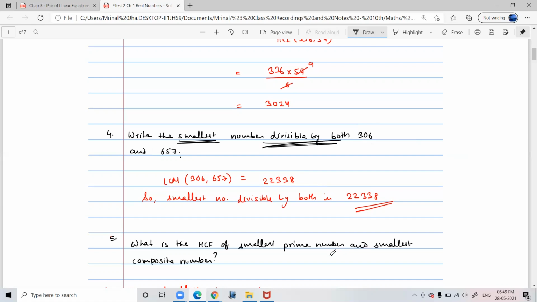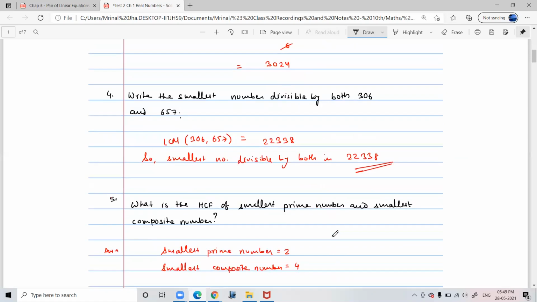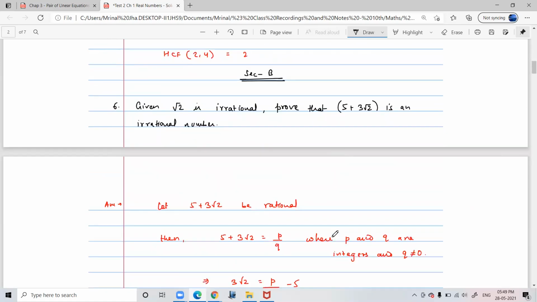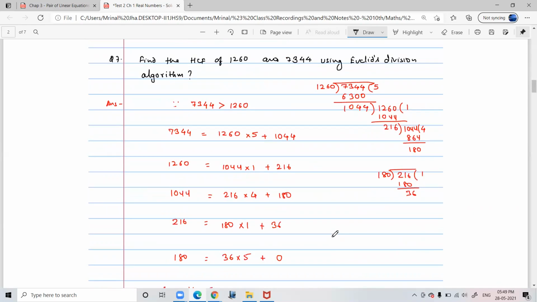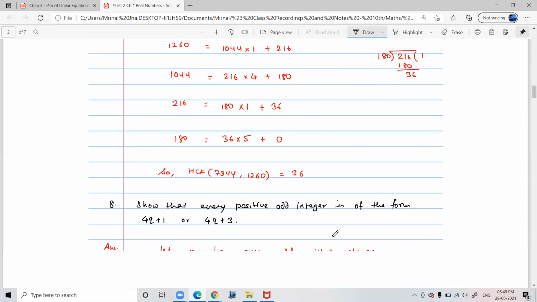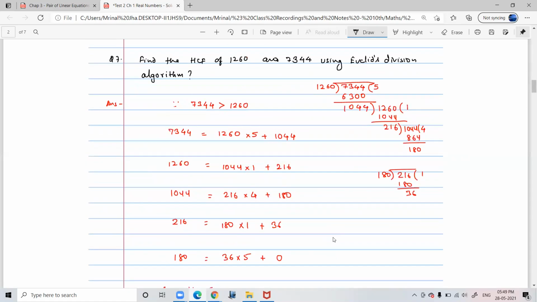Okay, next one, 8th question. So somebody had a... Yes, sir. You need to make sure that when the question says Euclid's division algorithm, you have to use that.